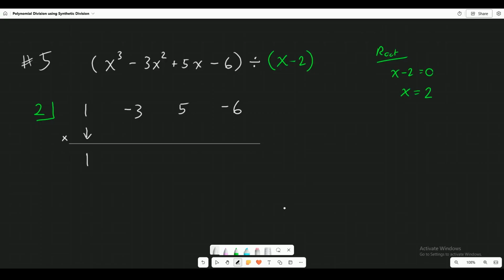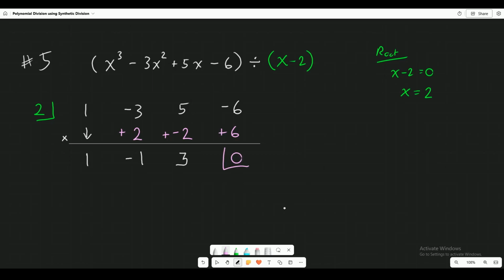Multiply. 2 times 1 is 2. Add. Minus 1. 2 times minus 1 is minus 2. Add. 3. 2 times 3 is 6. Add. 0.